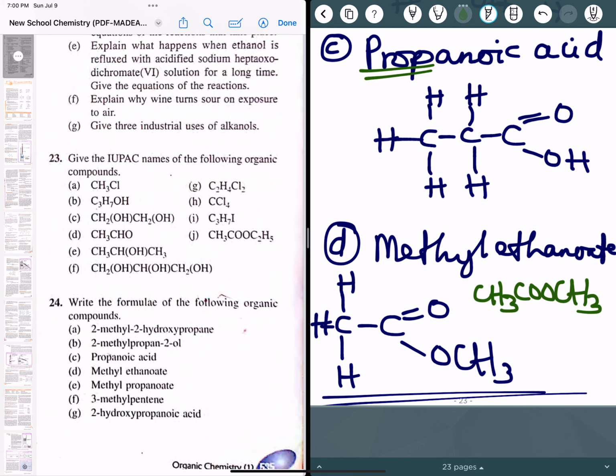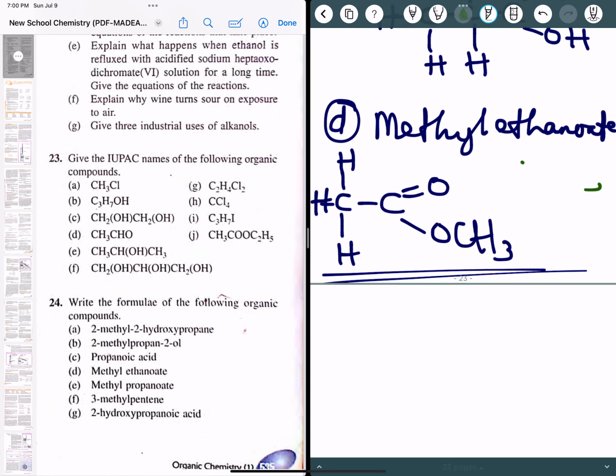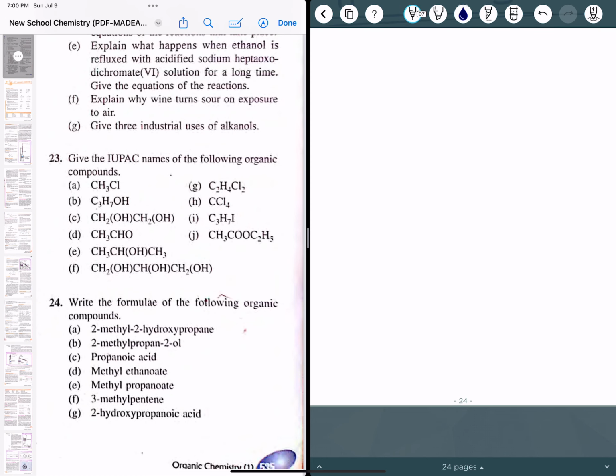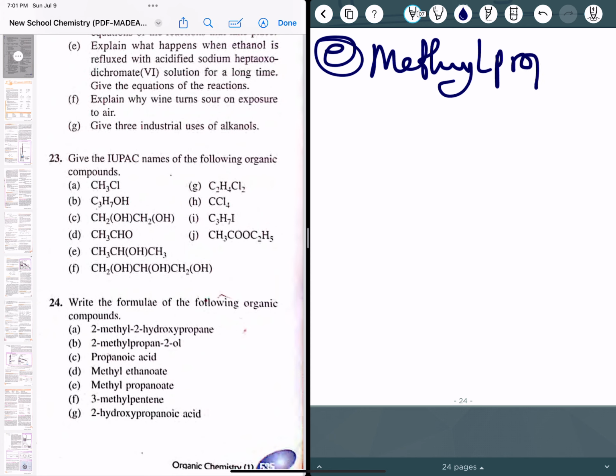So that's the molecular formula of the compound. Let's go to E. In E, the question is very simple. It's methylpropanoate.